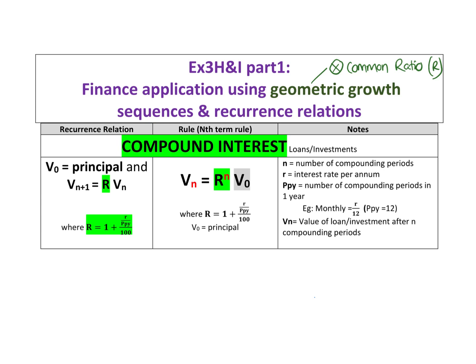So compound interest, and you can see there you've got two little options: loans or investments. So say for a loan, you go to the bank and the bank lends you some money so you can do something like buy a house. The bank's not going to give you that money for free.